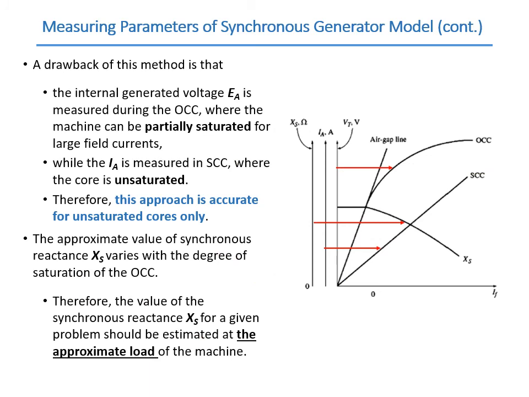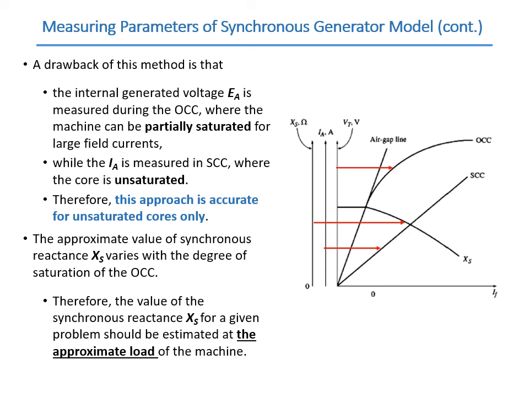A drawback of this method is that the internal generated voltage EA is measured during the OCC, where the machine can be partially saturated for large field currents, or IF. Again, when we did the OCC, the machine can be partially saturated.